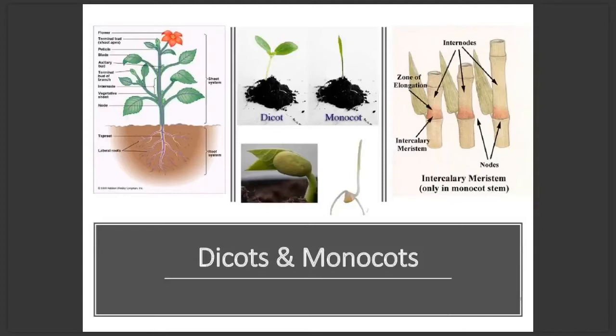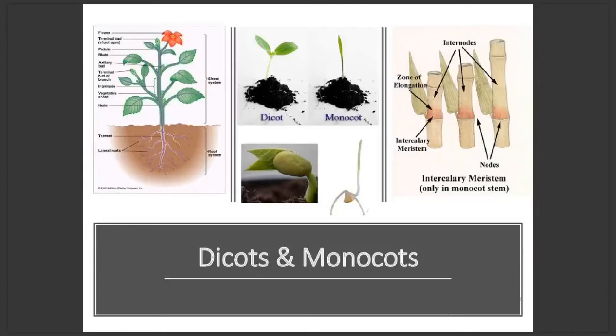But the most important difference between the two is how they grow. Now, the area of growth on any plant is called the meristem. This is just a sciencey name for the place where new cells are made, or area of growth, if you will.